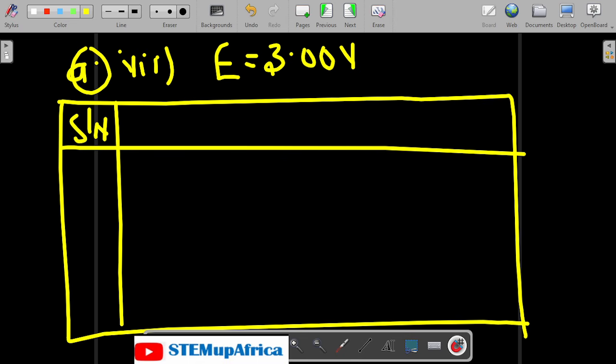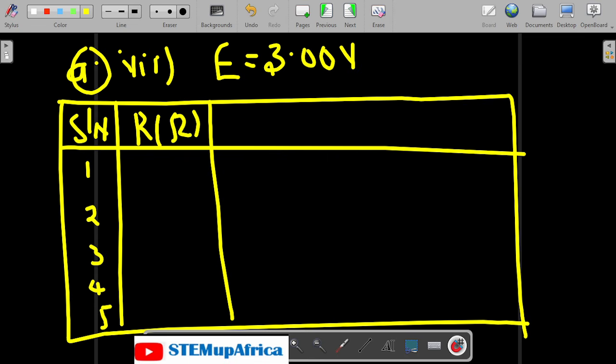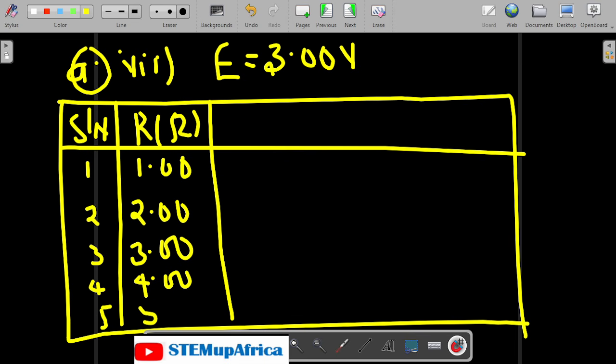We have 1 to 5: 1, 2, 3, 4, and 5. We have the resistance in ohms. We must state all these units: 1.00, 2.00, 3.00, 4.00, and 5.00. So I have my I in amperes, which is A.